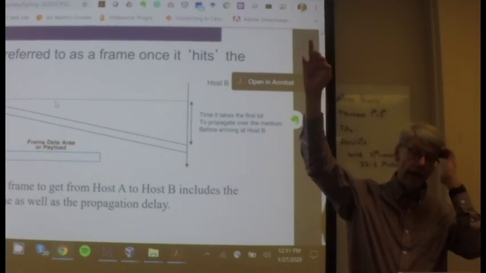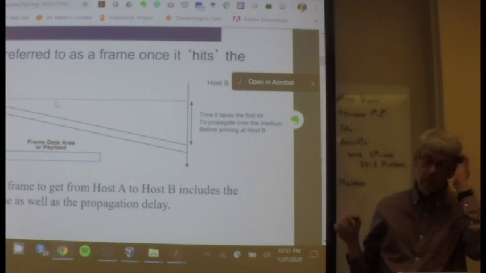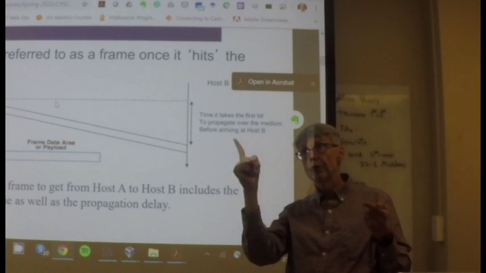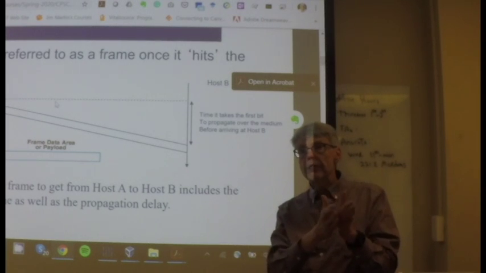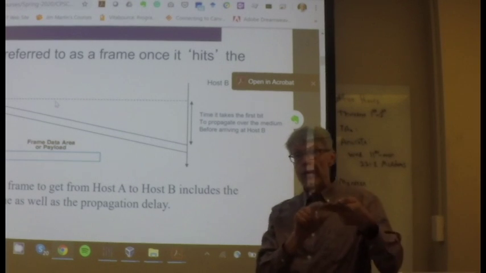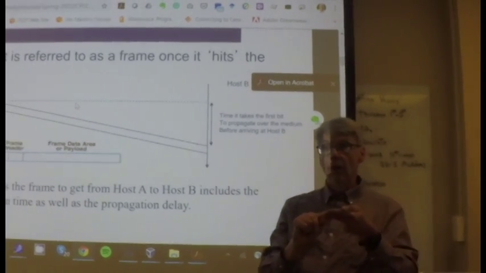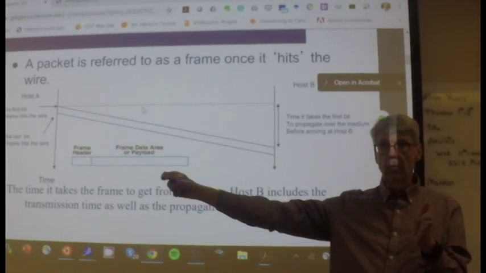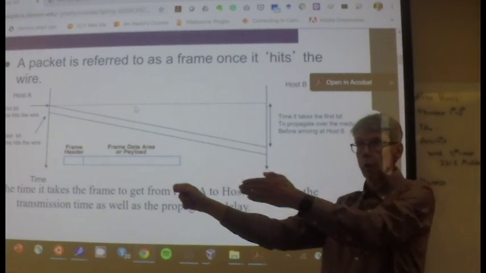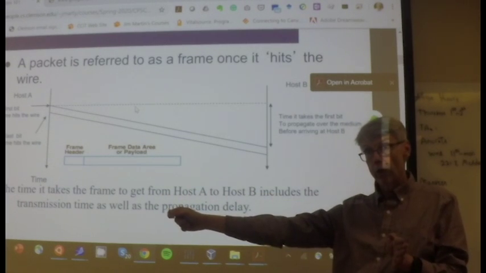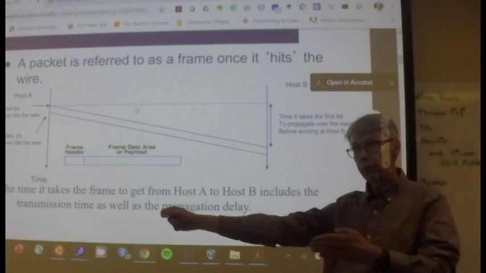In fact, the SpaceX round trip time is going to be lower than, for example, a fiber optic cable from North America to Europe. Imagine that distance and the time it takes for data to propagate through a fiber.